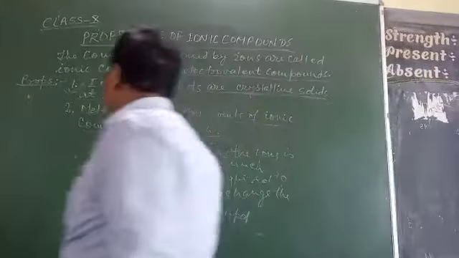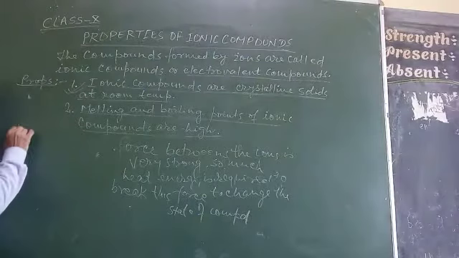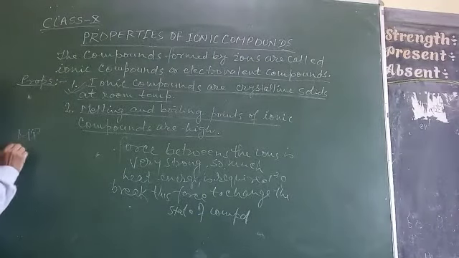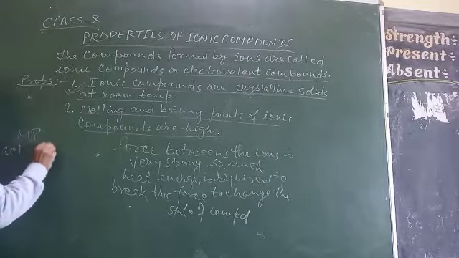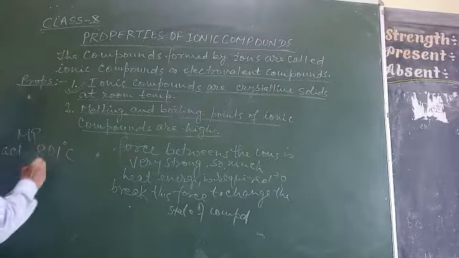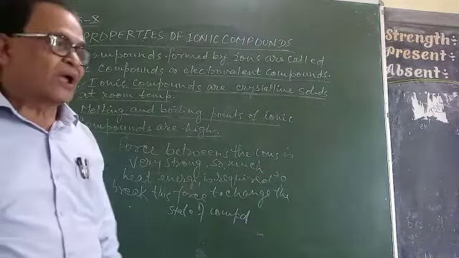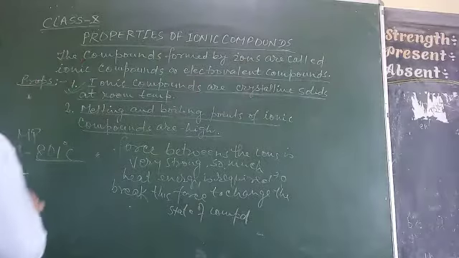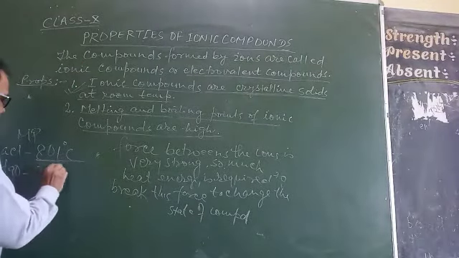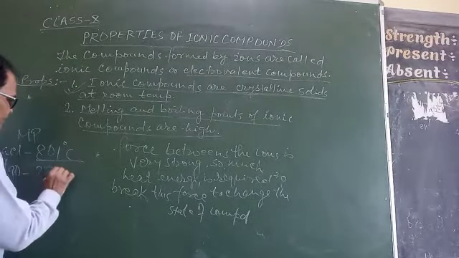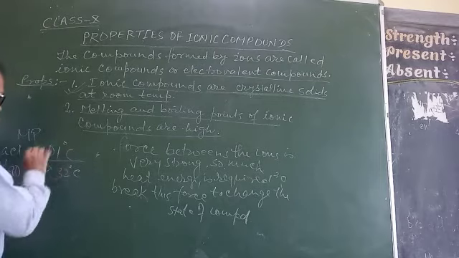For example, the melting point of NaCl is about 801 degrees Celsius, and of MgO, magnesium oxide, is about 2832 degrees Celsius.